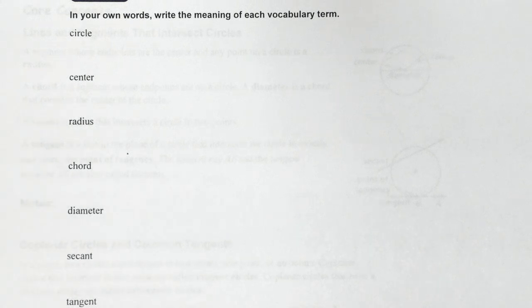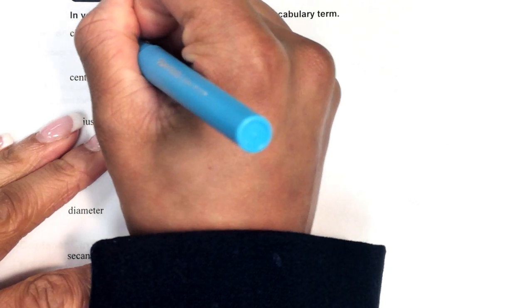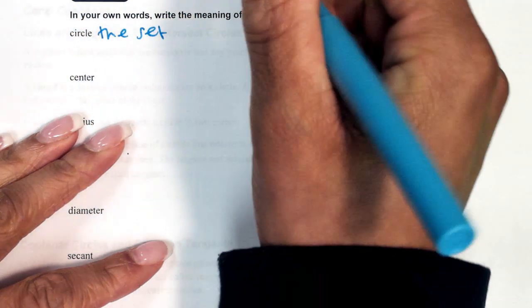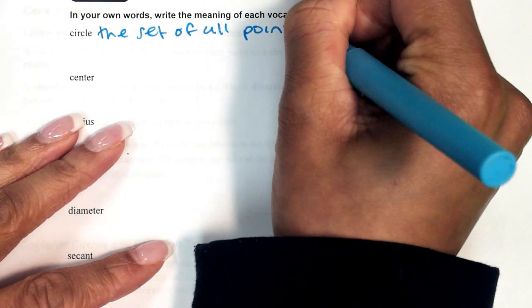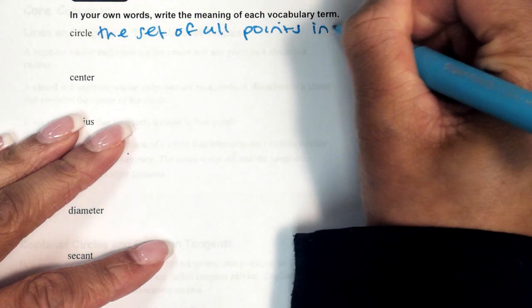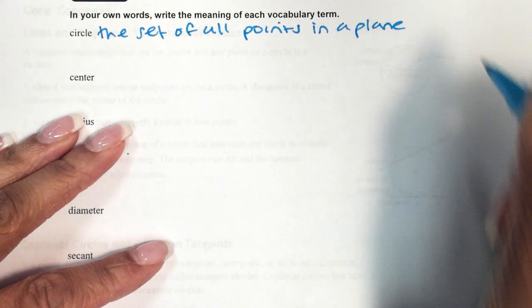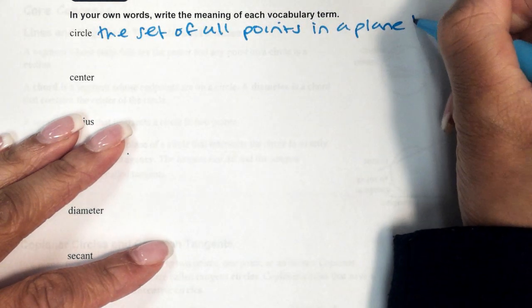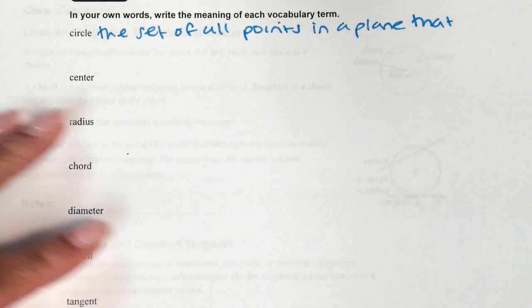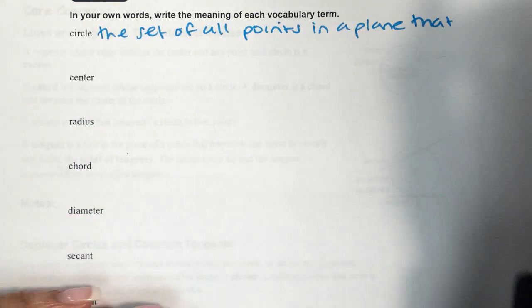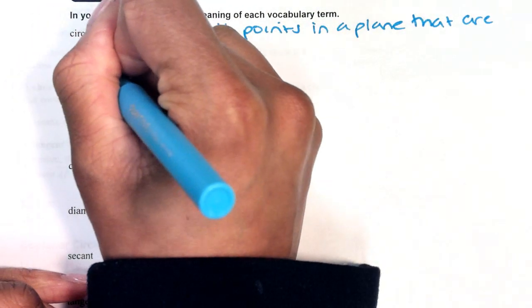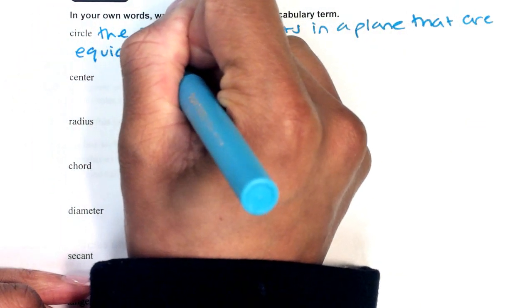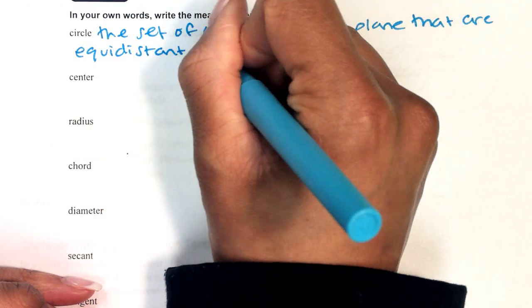A circle is the set of all points in a plane that are equidistant from the center.